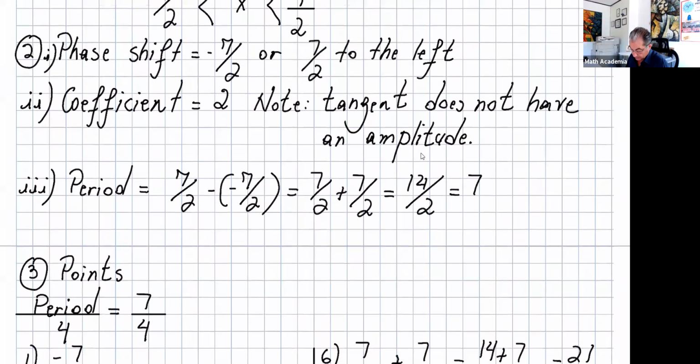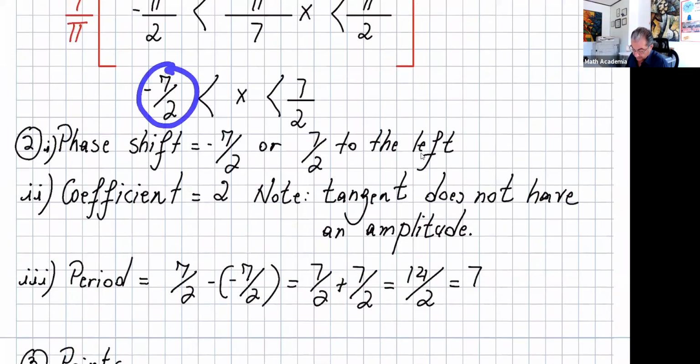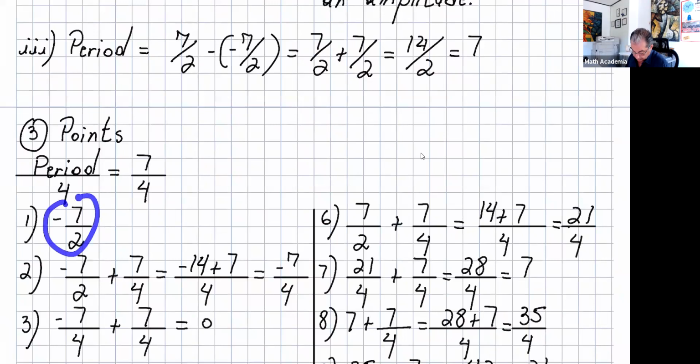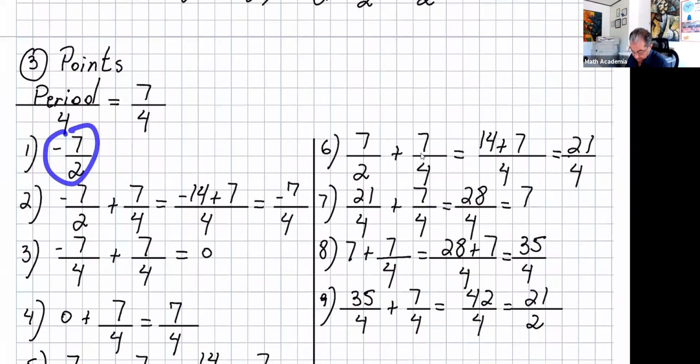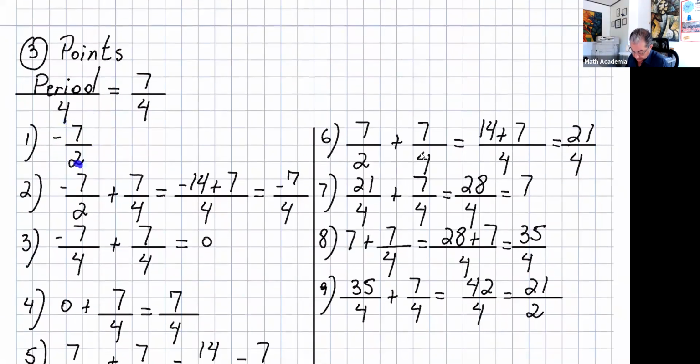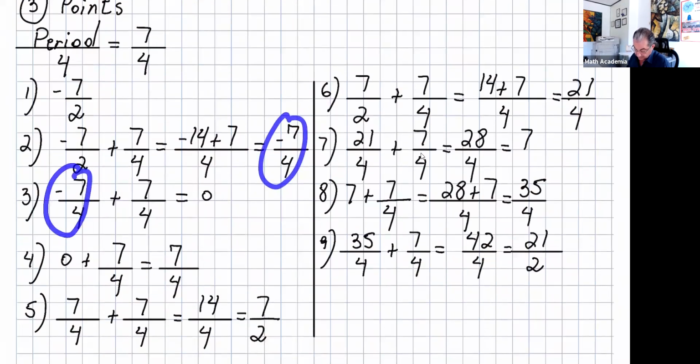Starting point of the graph is -7 over 2. So first point is -7 over 2. Second point is -7 over 2 plus 7 over 4, which is the period divided by 4. And you get -7 over 4. -7 over 4 plus 7 over 4 is 0.